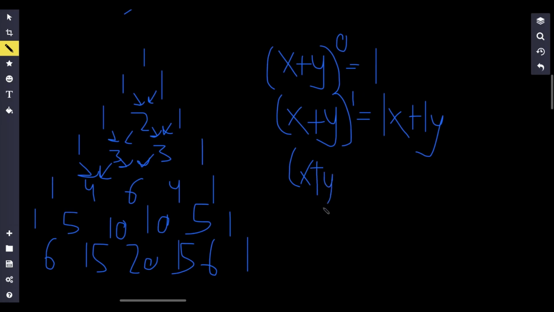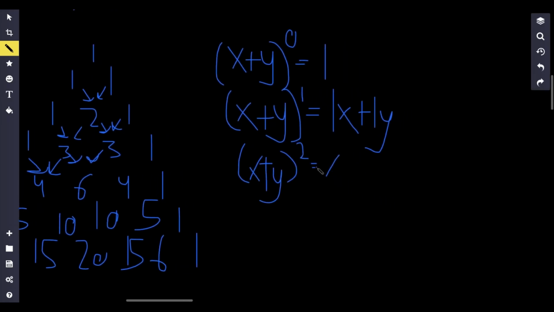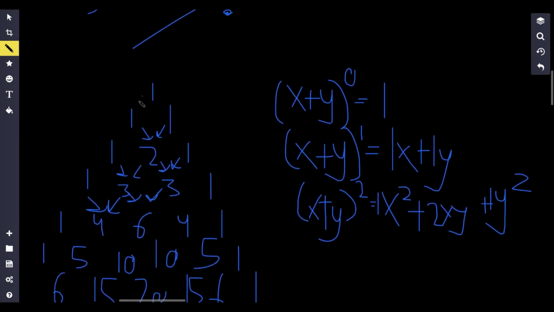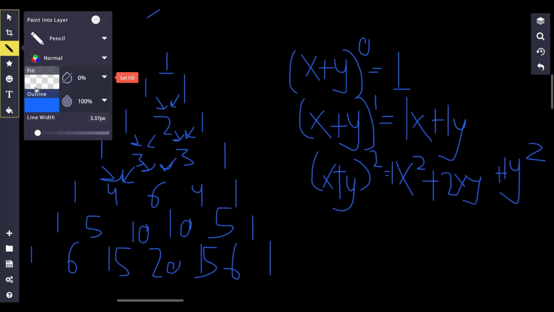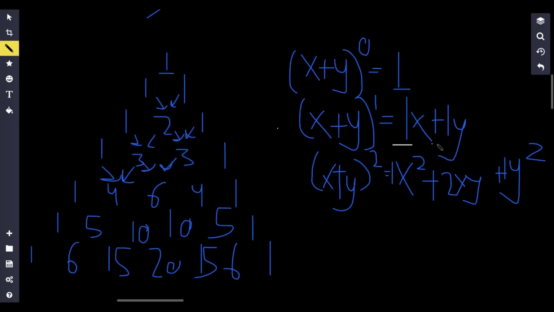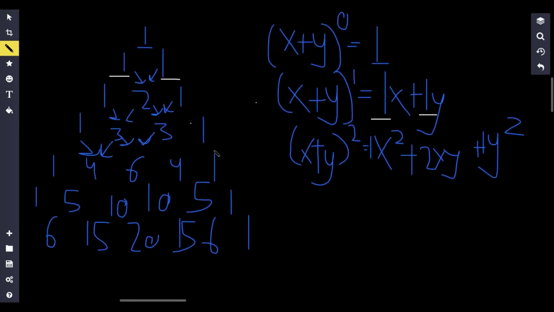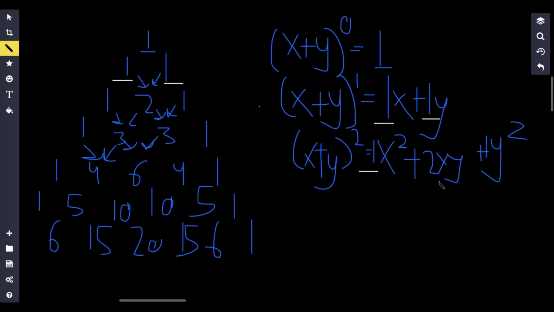If I have x plus y to the 2nd power, that's going to be equal to x squared plus 2xy plus y squared. Notice how the coefficients match up with what Pascal's triangle is saying. X plus y to the 0th power, we get 1. X plus y to the 1st power, we get 2 1s. X plus y to the 2nd power, we get 1, 2, 1.